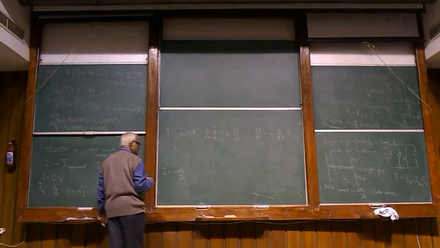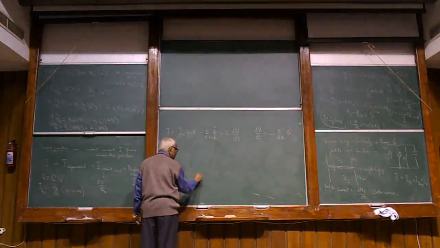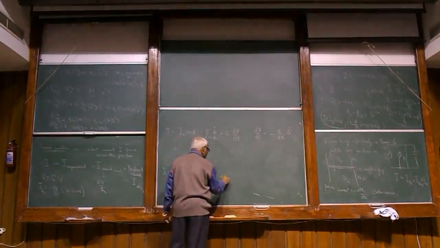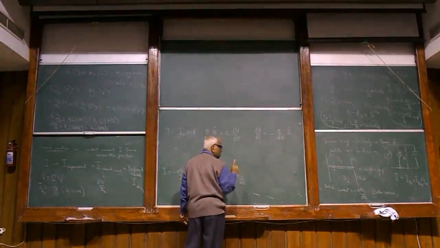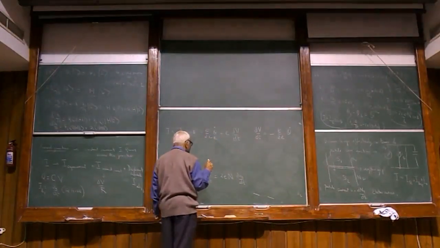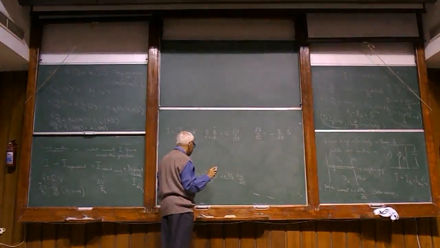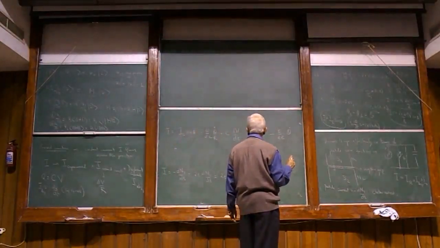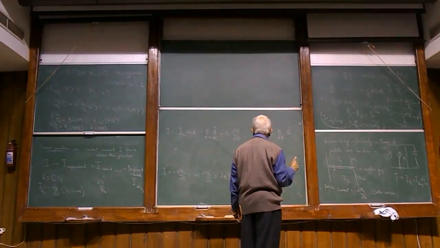So it should have been the supercurrent, that was minus dN1/dt, the rate at which I am losing particles N1. N1, the particles of charge 2e, so it is 2e times dN1/dt.